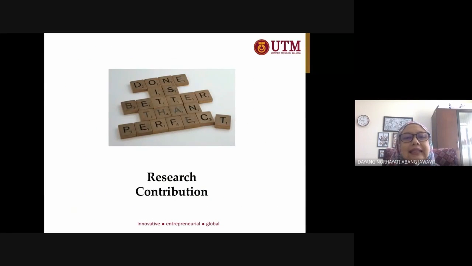This is the one that I would like to focus on with our group today, about research contribution. How to end? How do we know whether the research contribution is complete or not complete, enough or not enough? I really like this phrase: done is better than perfect, because there will be no perfect work in a PhD. Why?